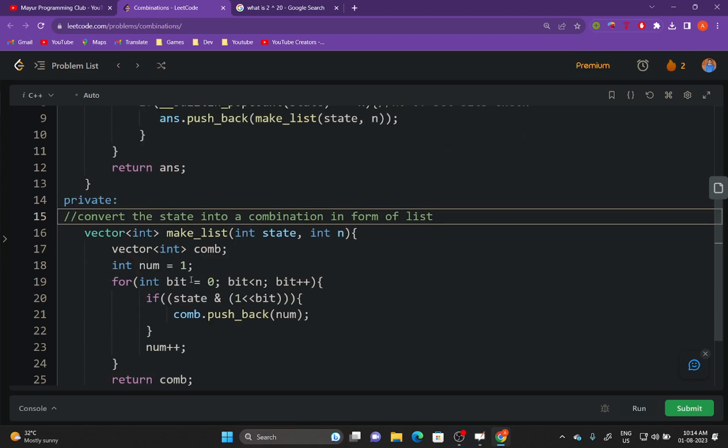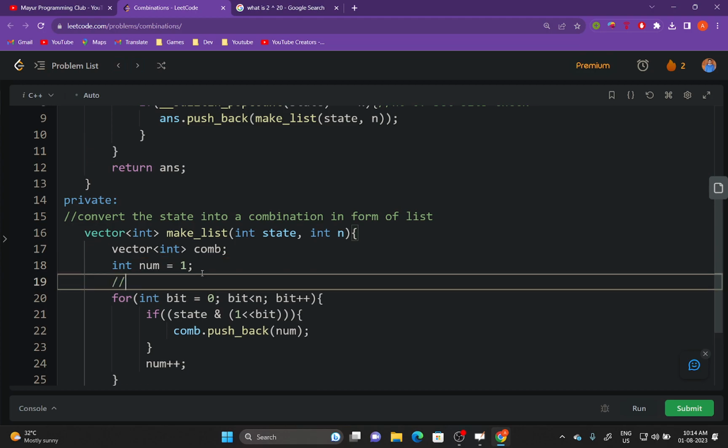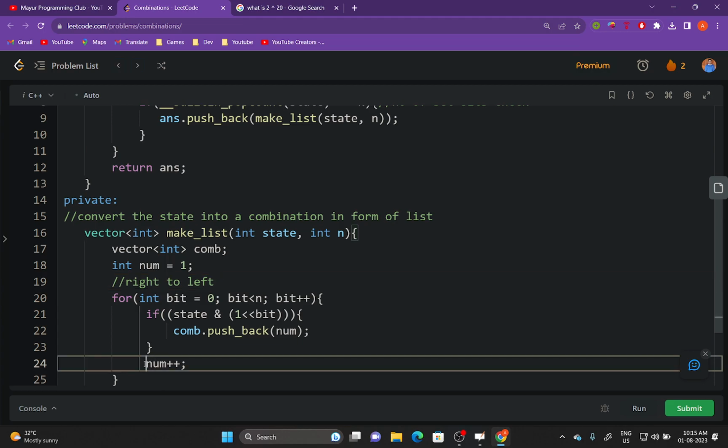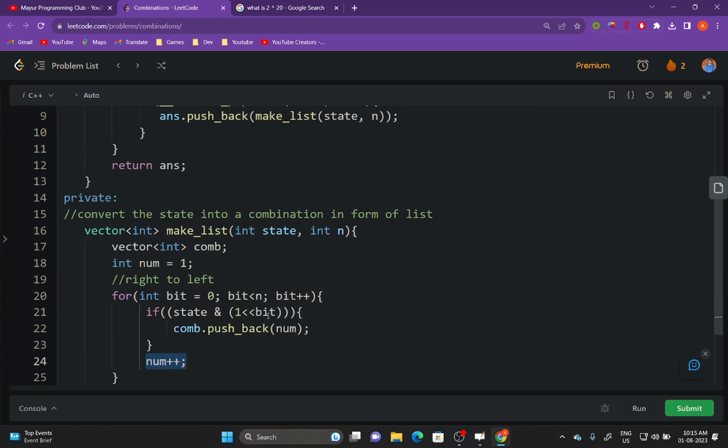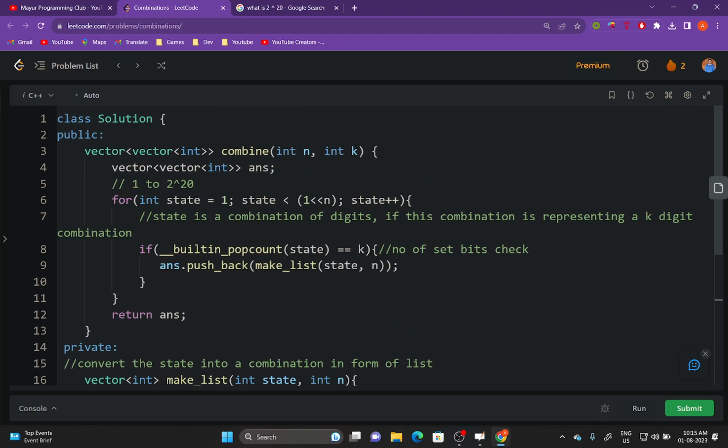What we are doing is iterating from the 0th bit to the nth bit, from right to left, and at each iteration we are increasing the value of num, and if the current bit happens to be a set bit, we are adding num's current value to our combination, and at last we will be adding that combination to our answer, and we will be returning our answer.